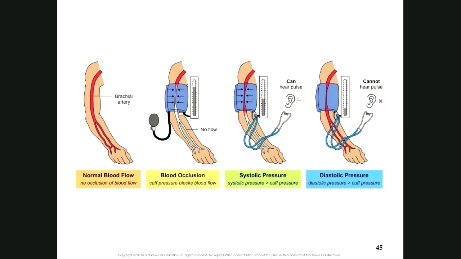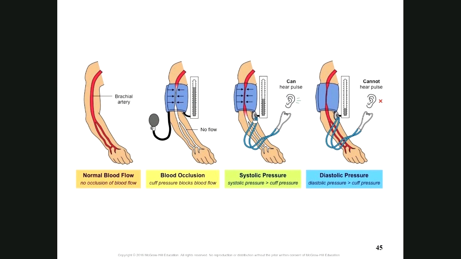And we start pumping this cuff. By pumping the cuff, the air comes inside, and the air makes pressure on the brachial artery, and the blood flow stops. Then we gradually release and deflate the cuff. Release this screw and deflate the cuff, and start listening to the sound of the pulse.